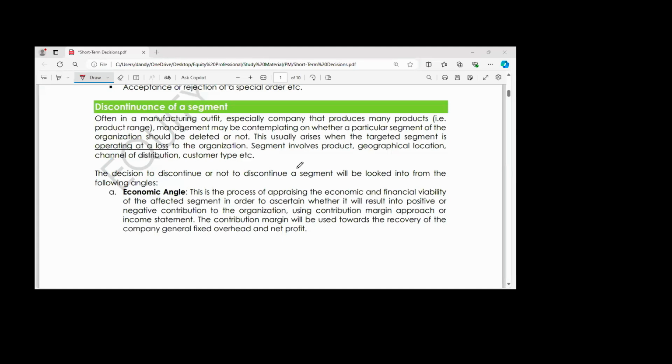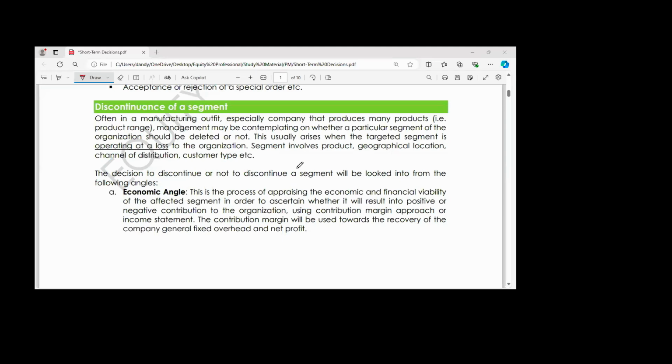All right. And we said anything you want to do under short-term decision must be critically examined under two perspectives: the economic perspective and the qualitative factors. We said all the relevant calculations that are involved in the decision that you want to make is the economic angle, okay?